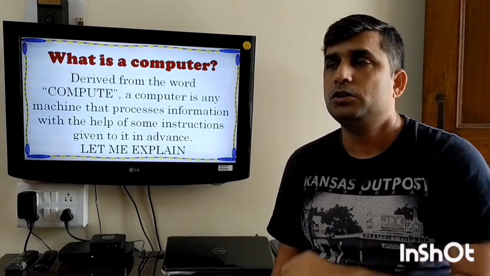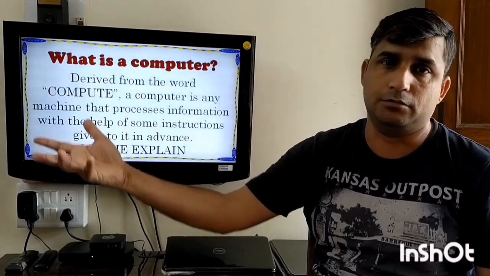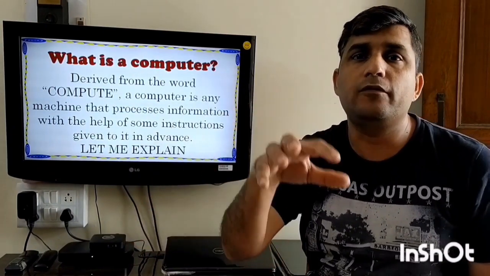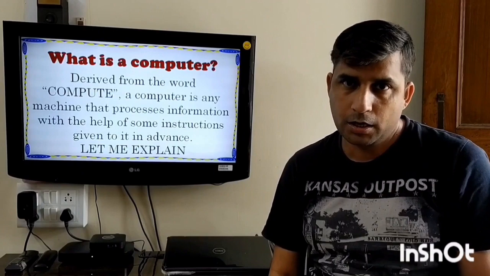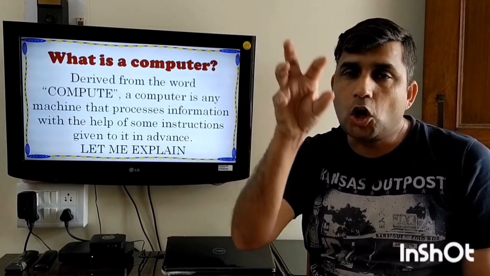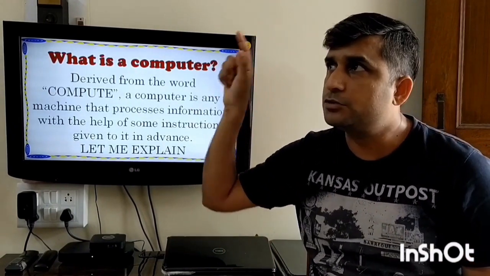So, similarly, even the computer is given an instruction earlier. All computers are programmed to solve your problem. And when you give the computer an instruction or a command, the computer solves your problem by looking at the instructions given. This equals this equals this.